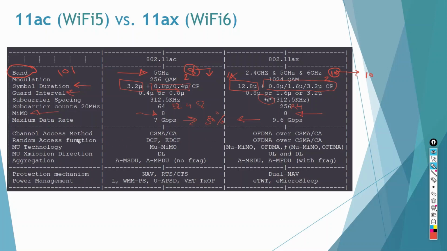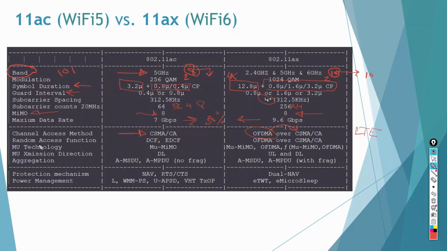And now, when we talk about channel access methods, prior to 11AX we used CSMA/CA to coordinate the channel access function. Now, in 11AX, we borrowed OFDMA functionality from the LTE protocol, which will run over CSMA/CA.